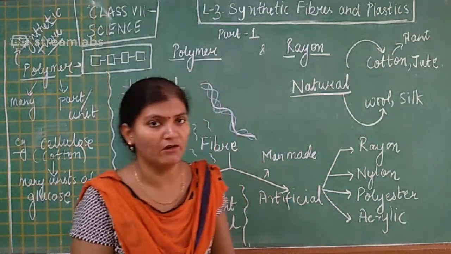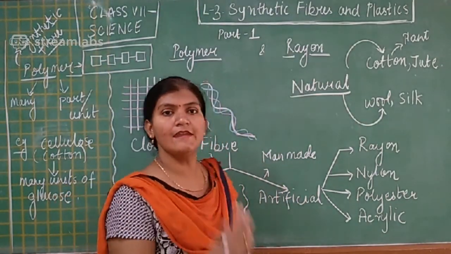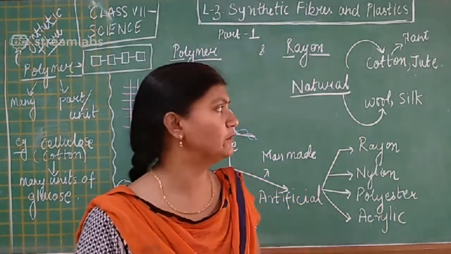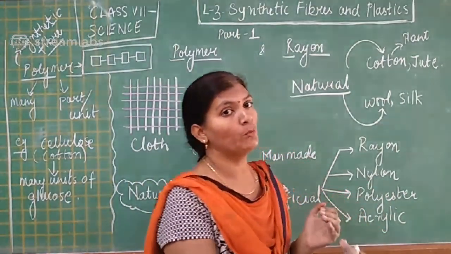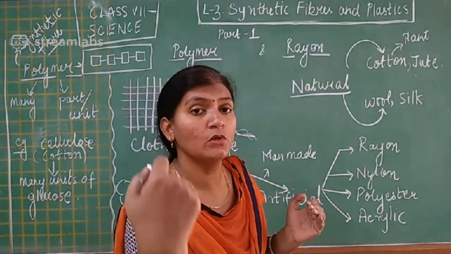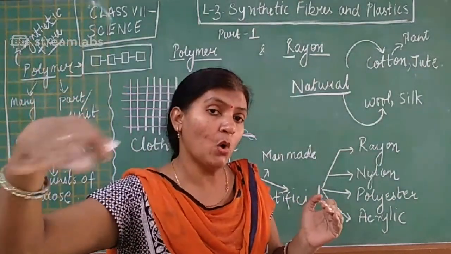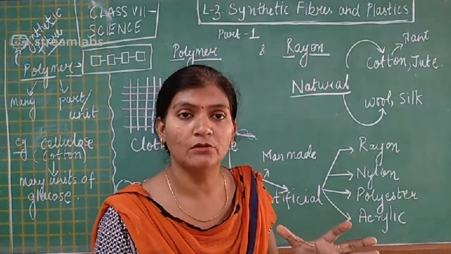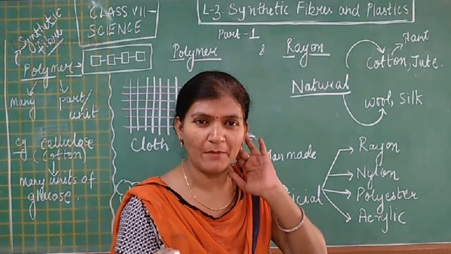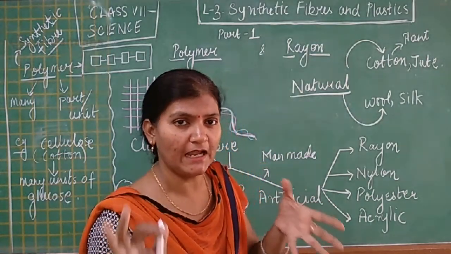Then the next example of natural fiber is animal fiber, the fibers which we obtain from animals. If you recall, in 6th class you learned the lesson about fiber to fabric. I think that the name was like that.